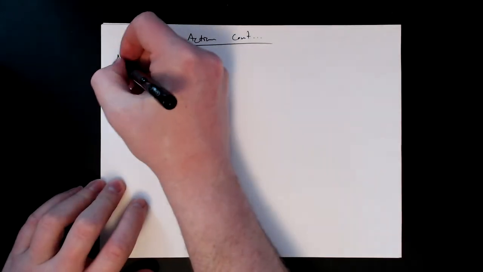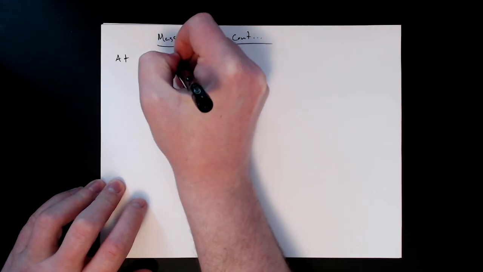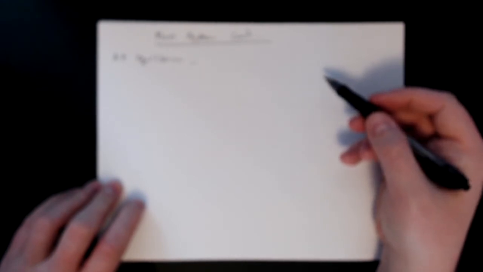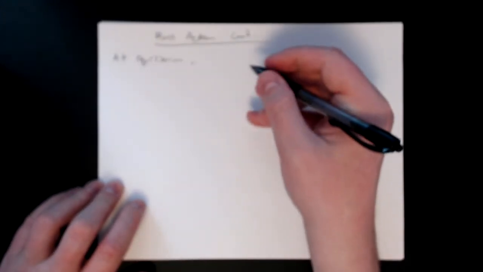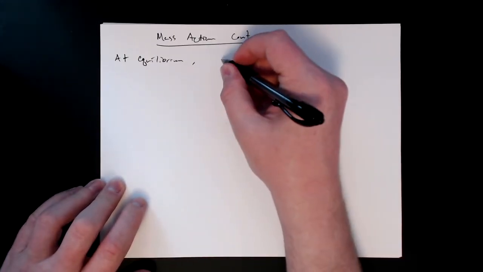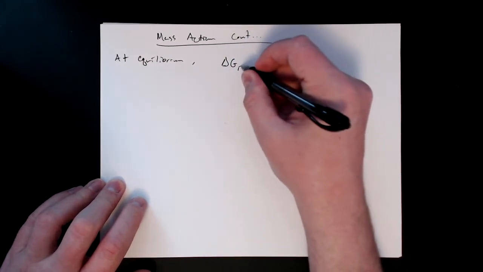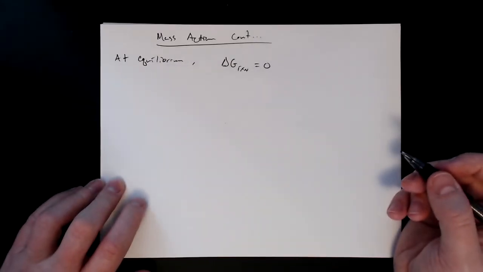All right, so since we are talking about equilibrium, at equilibrium, we know that by definition, the change in Gibbs free energy is going to be 0. So we know that this quantity is going to be equal to 0.